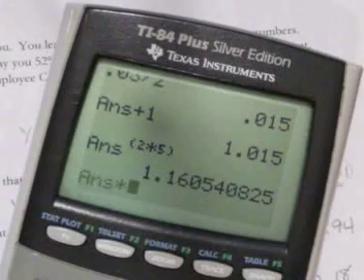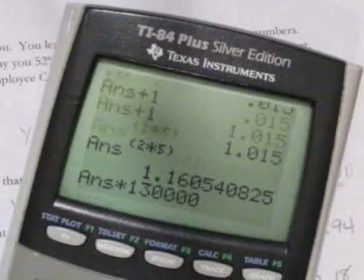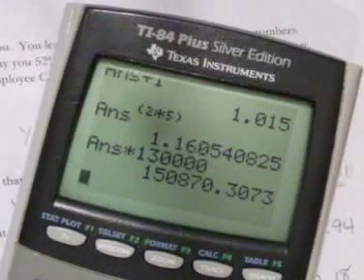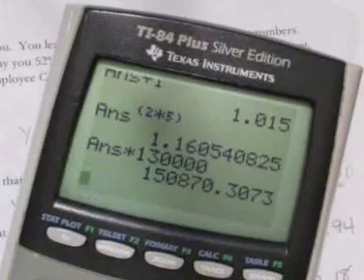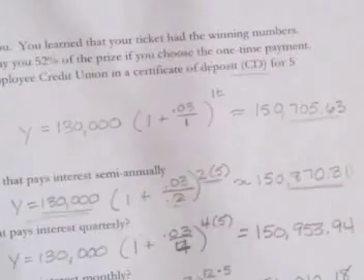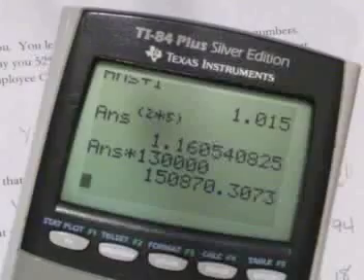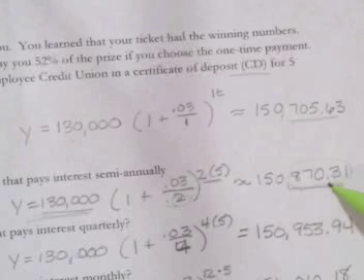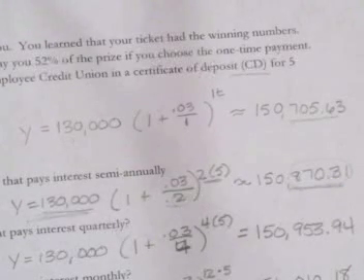And I would then multiply that amount times $130,000, which is my original investment. Notice that I made more money, $150,870.31. That's quite a bit more than just compounding once per year. And notice nothing else changed, just my compounding period.